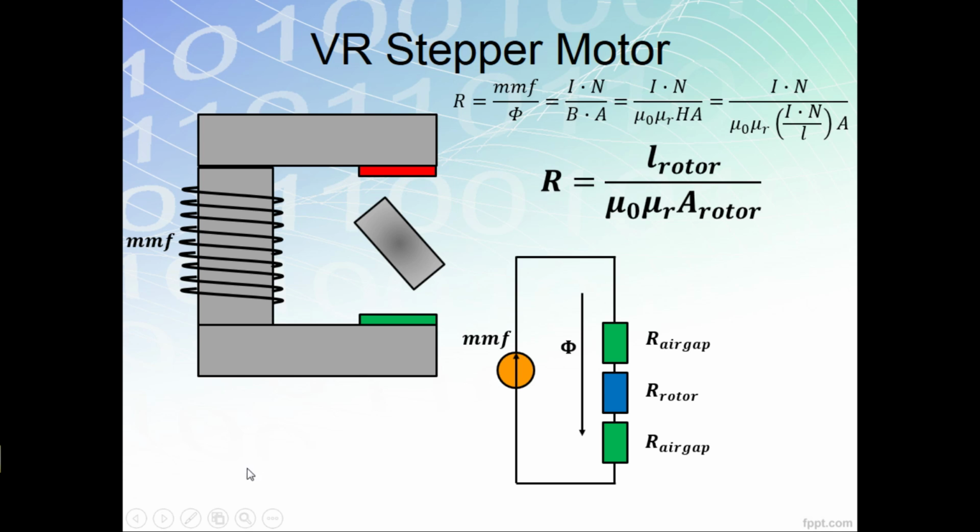So we're down to two components, the reluctance of the air gaps and the reluctance of the rotor. As mentioned earlier, if the rotor is completely perpendicular to the magnetic field, similar to our case here, the reluctance is maximum.